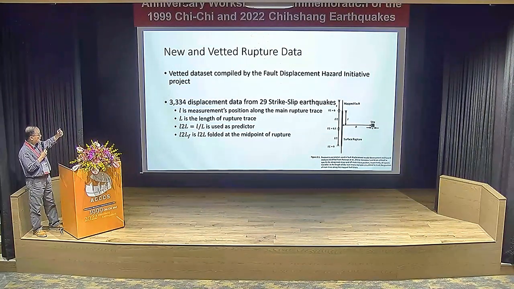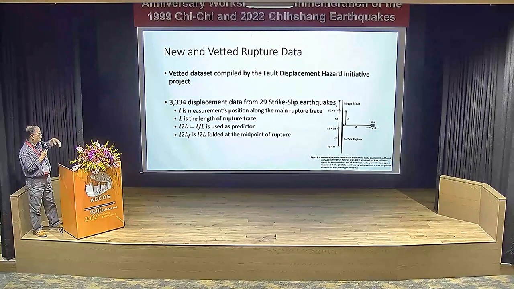The data set is compiled by the Fault Displacement Hazard Initiative project, and it's not only compiled, but the database developers spent a lot of time to vet the data. So it's not only comprehensive, but also vetted.